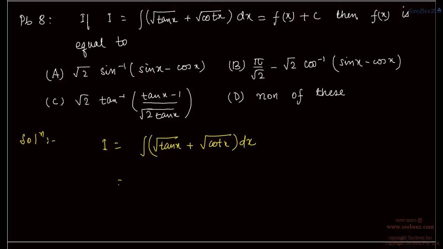So first let us transform this. Write tan x as sin x upon cos x and cot x as cos x upon sin x. So this can be written as root under sin x upon cos x plus root under cos x upon sin x.